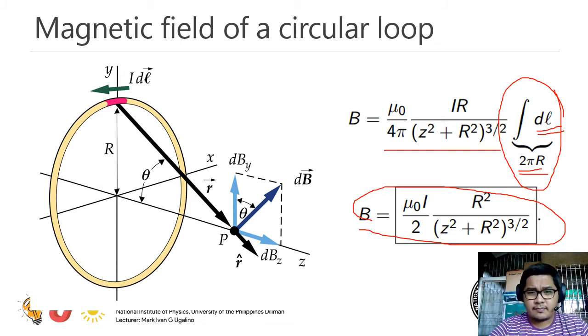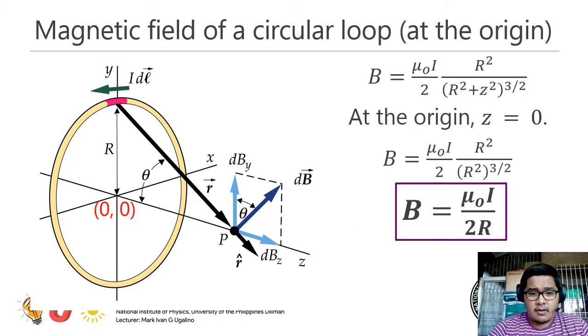Now, of course, we can look at the magnetic field at the center of the loop. You might guess that the magnetic field at the center of the loop is just equal to 0.